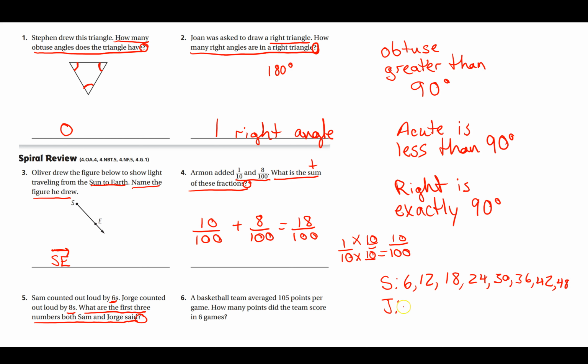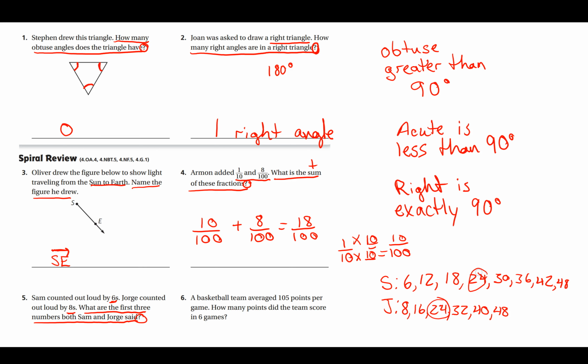Let's check, though. Jorge's counting by 8s. 8, 16, 24, 32, 40, 48. I'm going to stop there. We need 3 in common. So let's see. 8, no 8. 16, no 16s. 24, oh, yep.